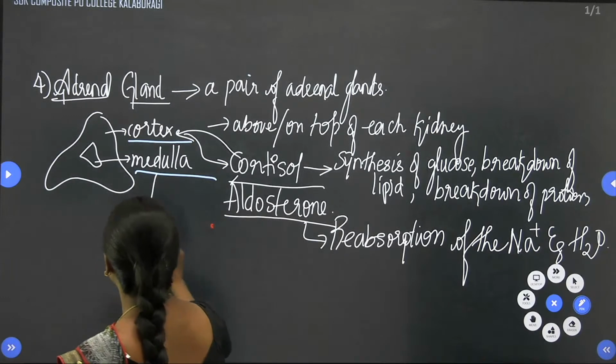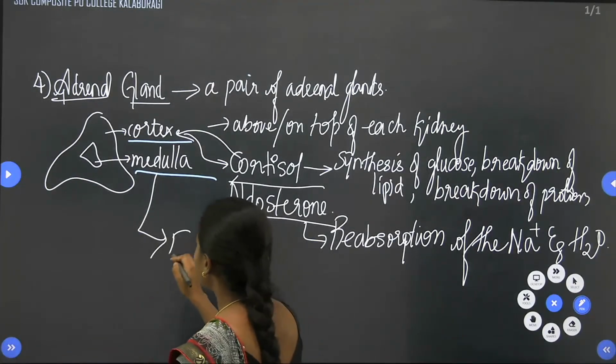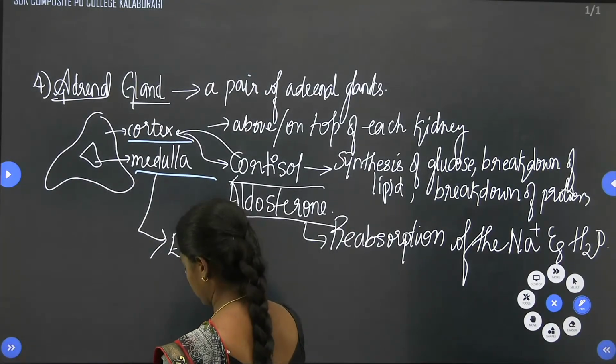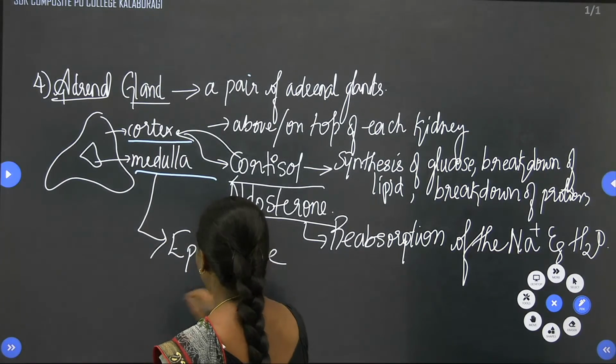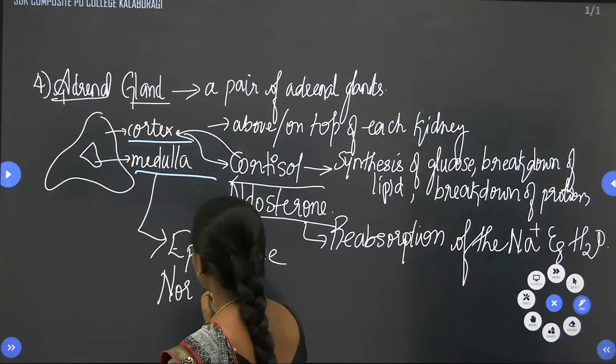Other hormones are secreted by the medulla, that is epinephrine, and another one is norepinephrine.